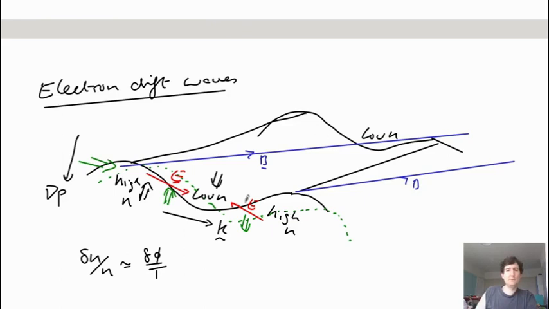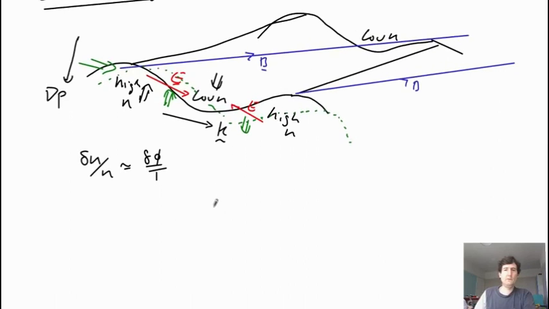So it's a combination of the E cross B drift caused by these electric fields, moving the density radially, and then that density corresponding to a pressure gradient along the field lines, creating an electric field. And so the interaction between the electron response along the field lines and the drifts across the field lines produce this wave.